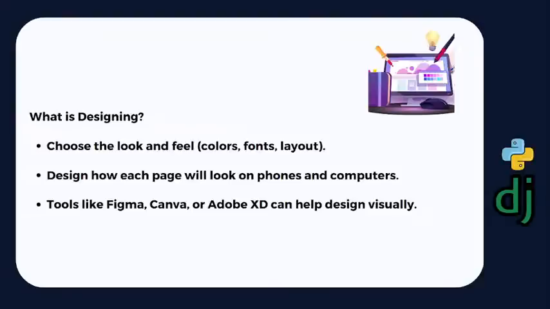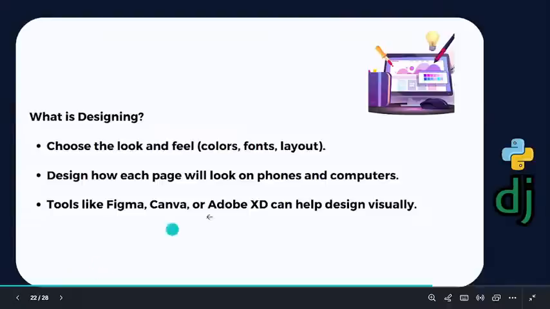If you're creating a website, we need to view it on a phone, tablet, or laptop. Each device should display our website perfectly, so we need to design how each page will look on phone, computer, or tablet.